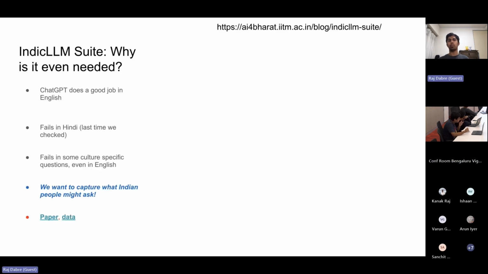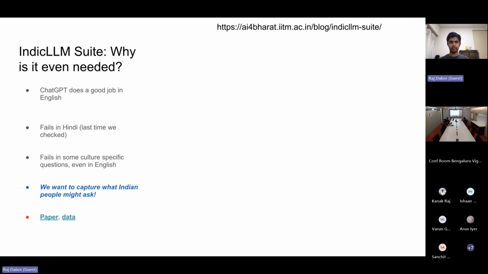In order to address this data requirement, we have the Indic LLM suite, where we built upon our previous learnings from IndicCorp V1 and V2, and came up with not just a pre-training data set, but also some instruction fine-tuning data set. But why would you even need such monolingual data?